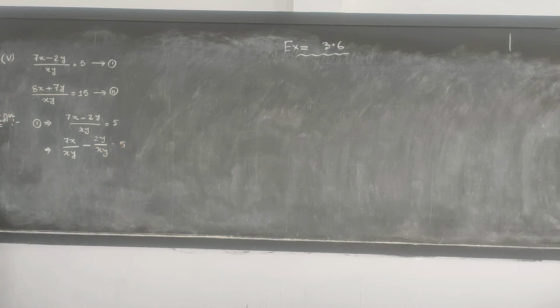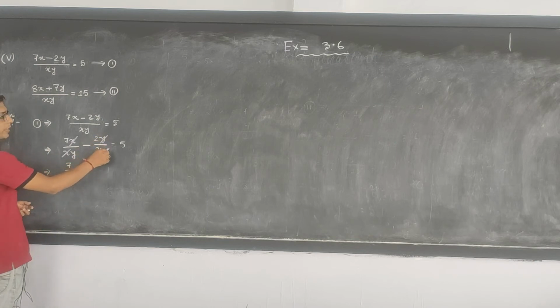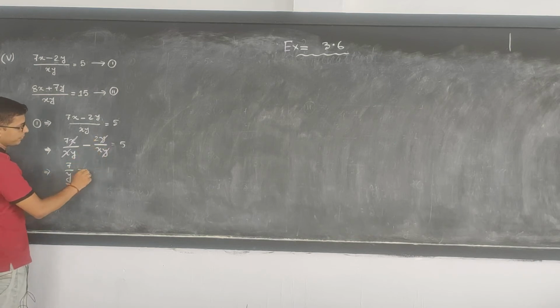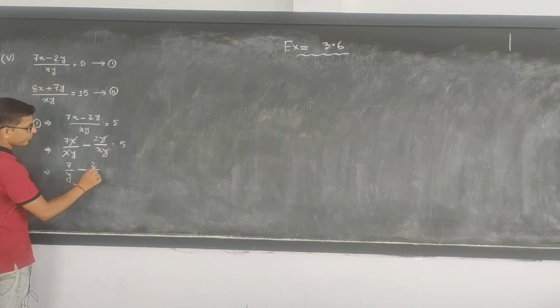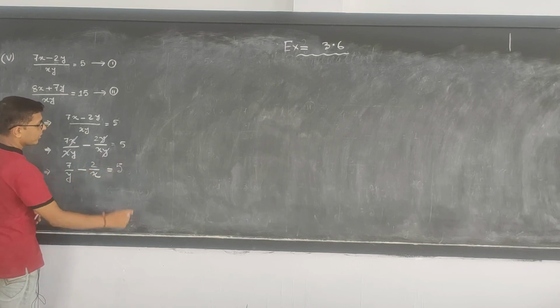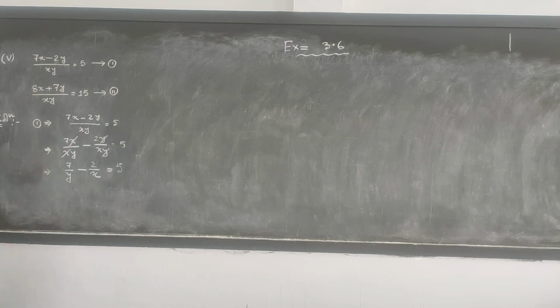Once I separate it, it becomes 7x by xy, so x can be cancelled, and we get 7 by y, and this y can be cancelled, so we have 2 by x. Alright, so this is the equation actually. That was the question given in the text, and this equation is reduced into this form.